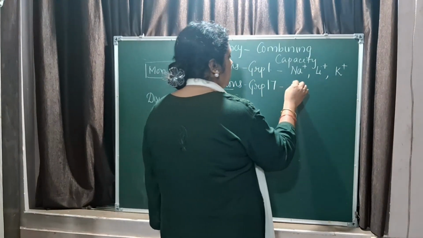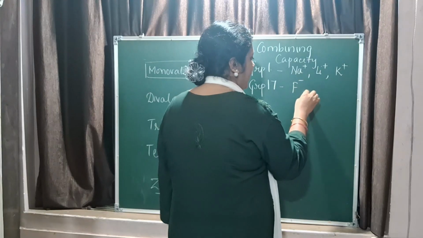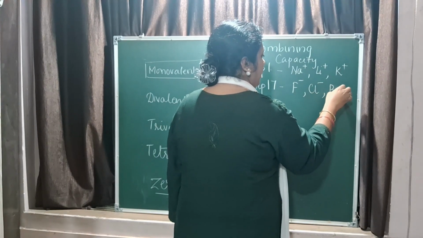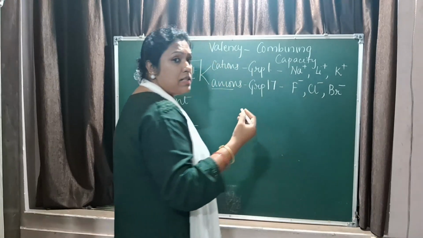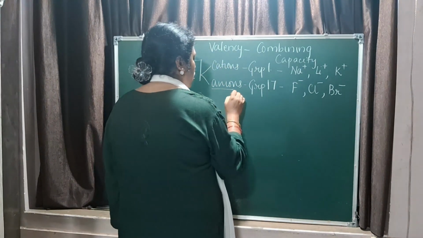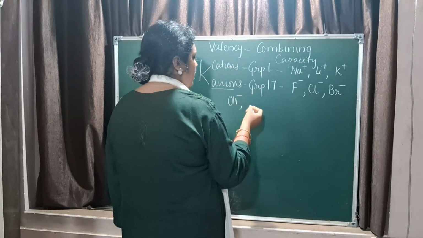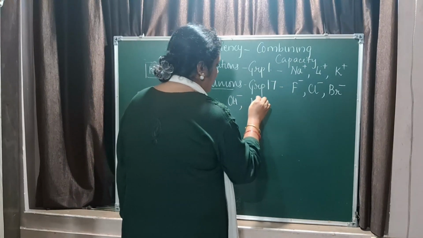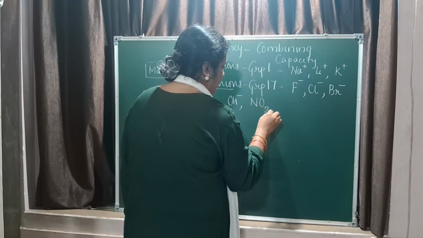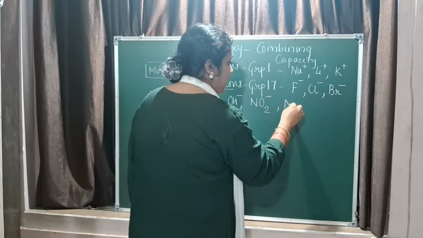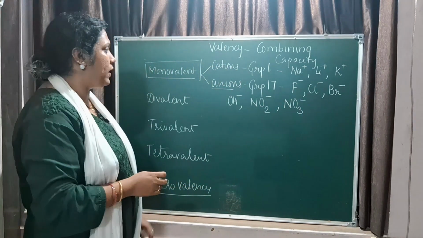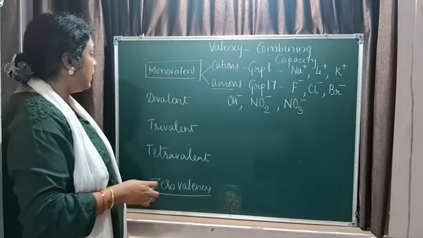Group 17, fluoride ion, chloride ion, bromide ion. There are certain radicals like OH minus, then you have nitrite, NO2 minus, nitrate, NO3 minus. So these are all monovalent cations and anions.